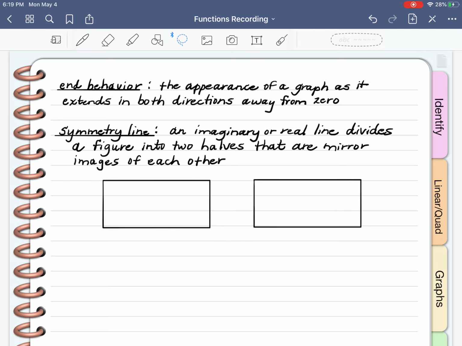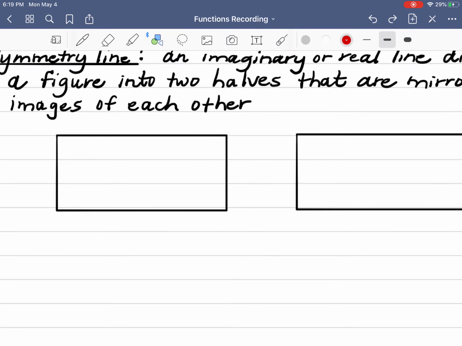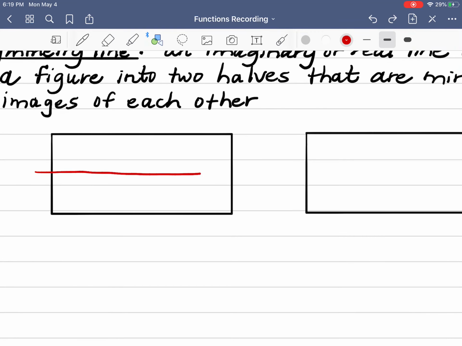And let's draw a line of symmetry. I'm going to turn this into a red line. So let's suppose that I drew a line right down the center of that rectangle, right there, and that I folded the rectangle on the red line. It's not exact, I'm having a little trouble getting this. I have mirror images. So we would call this a line of symmetry.